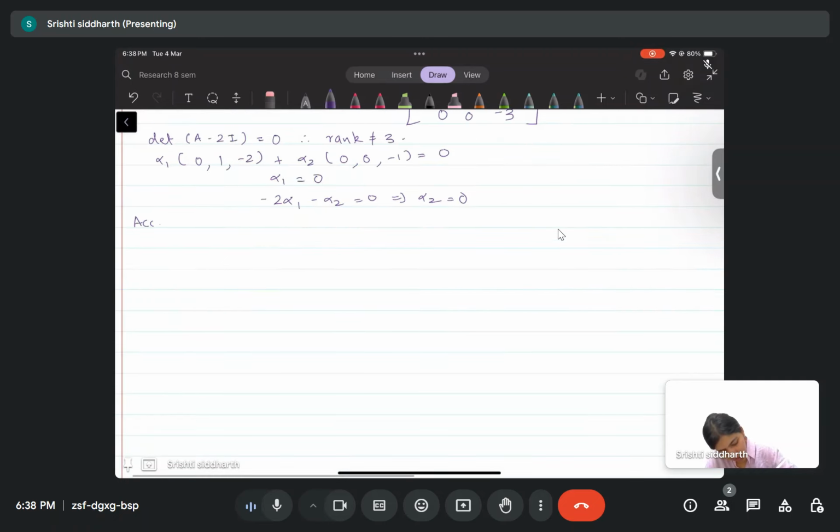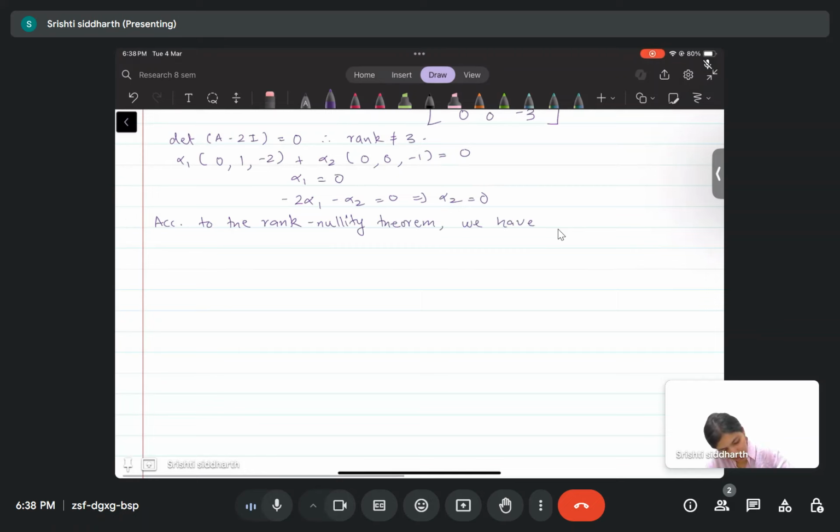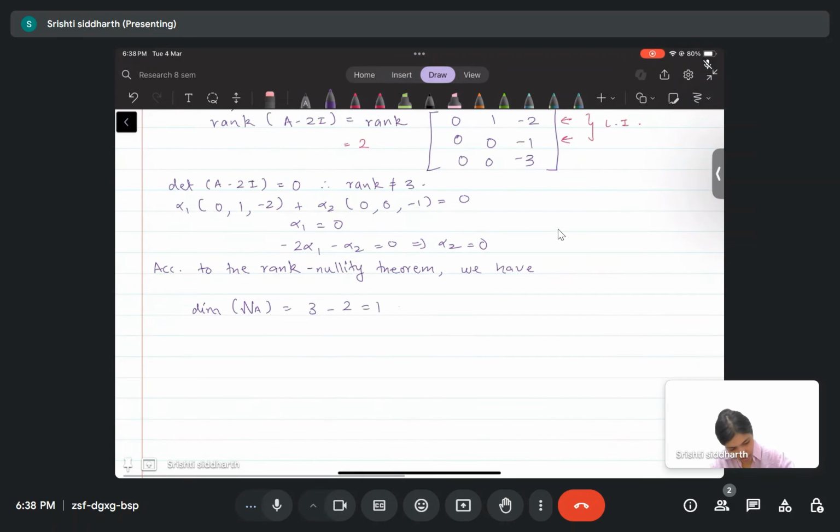According to the rank-nullity theorem, the dimension of the null space of A for lambda equals 2 is 3 minus 2. This is the geometric multiplicity. The matrix A is cyclic.